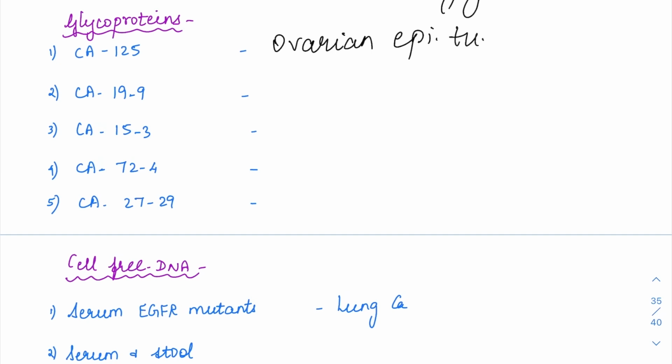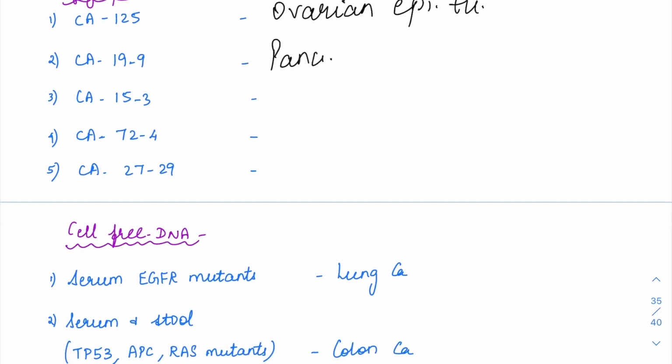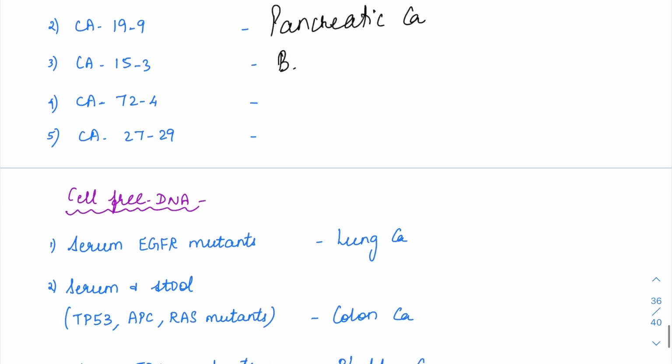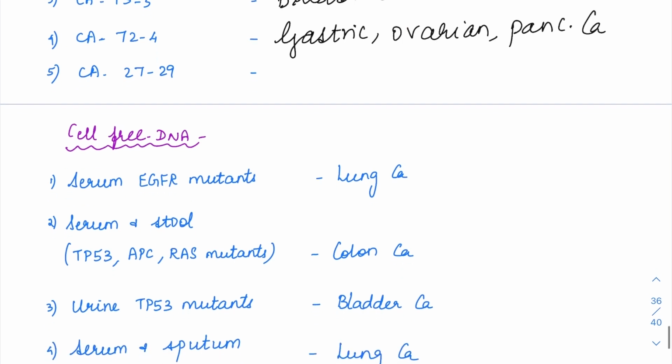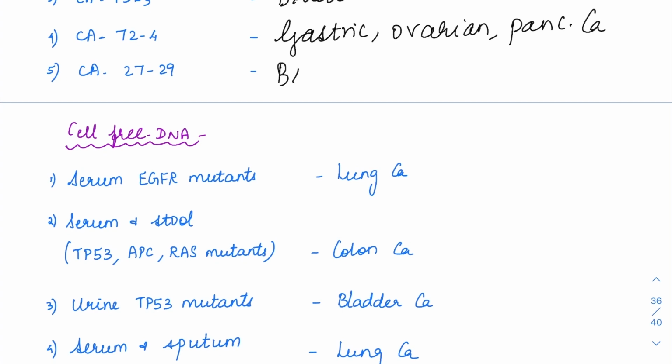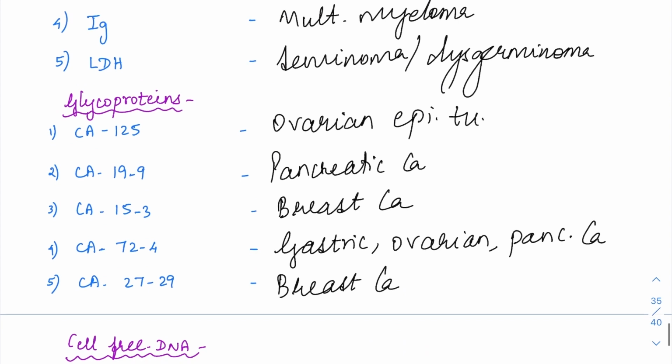Then CA19-9 for pancreatic cancers. CA15-3 is for breast cancer. CA72-4 is for gastric, ovarian and pancreatic cancers. CA27-29 is for breast cancers. So this entire table is again important.